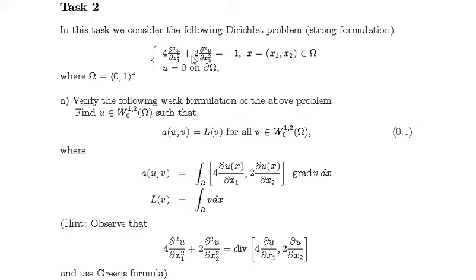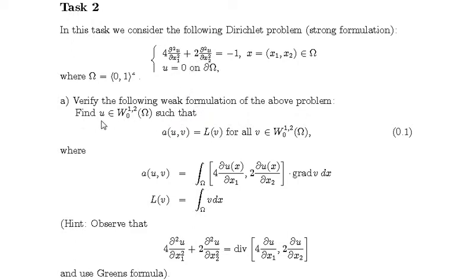In this we have this partial differential equation a little bit different from the harmonic equation, the Laplace equation, but you can see it's some variant of the Poisson equation. In this task we are asked to verify that the corresponding weak formulation of this problem takes the following form.